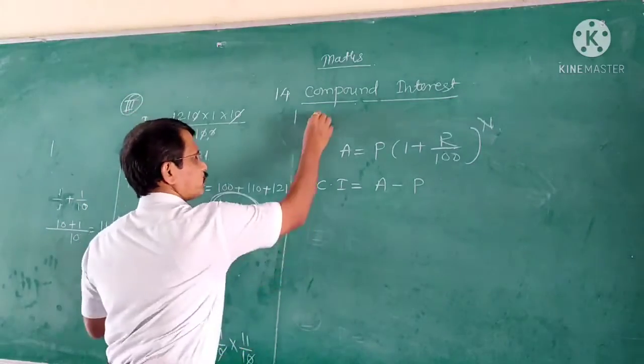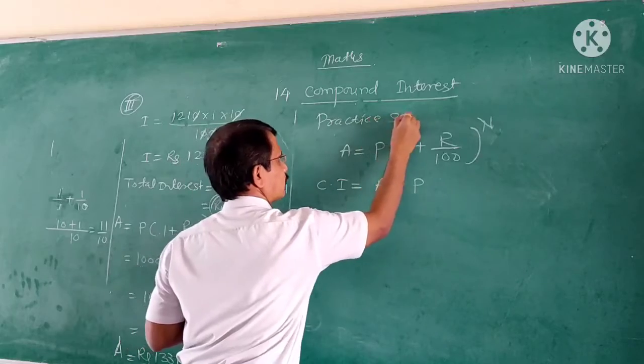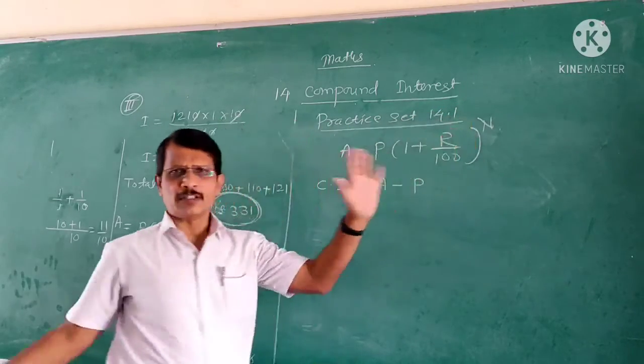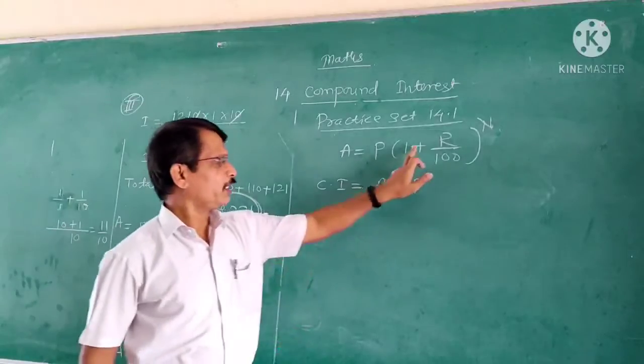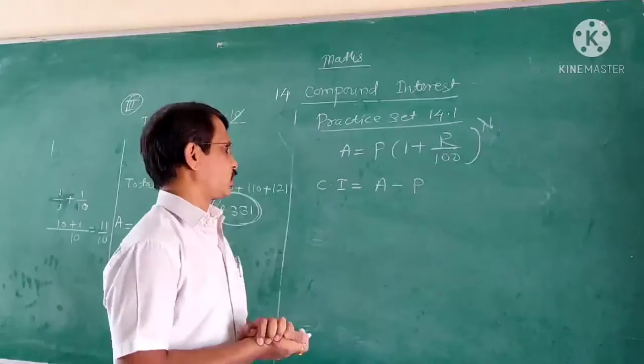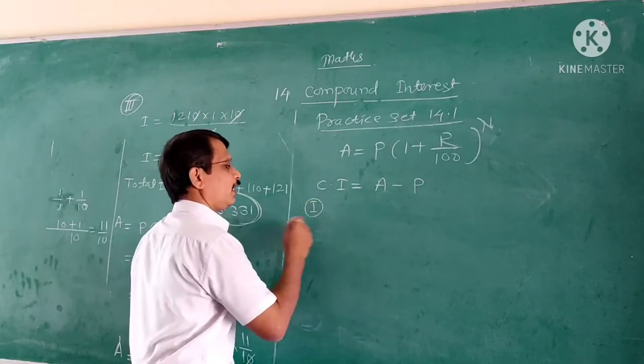14.1. Very simple practice set. By using these two formulae, you will get amount and compound interest. So here we consider the first example.